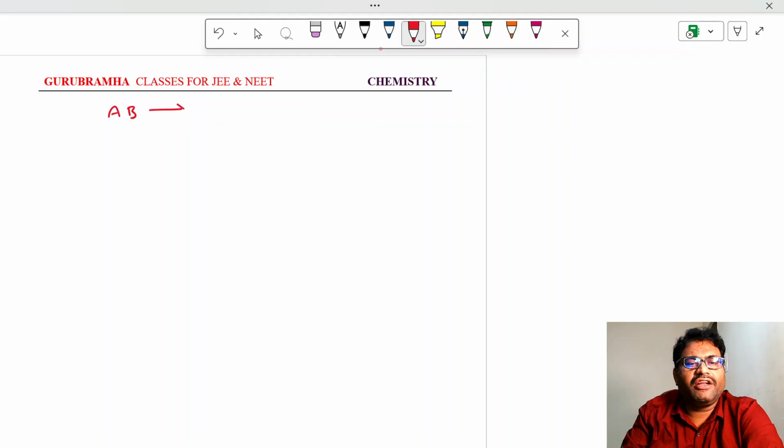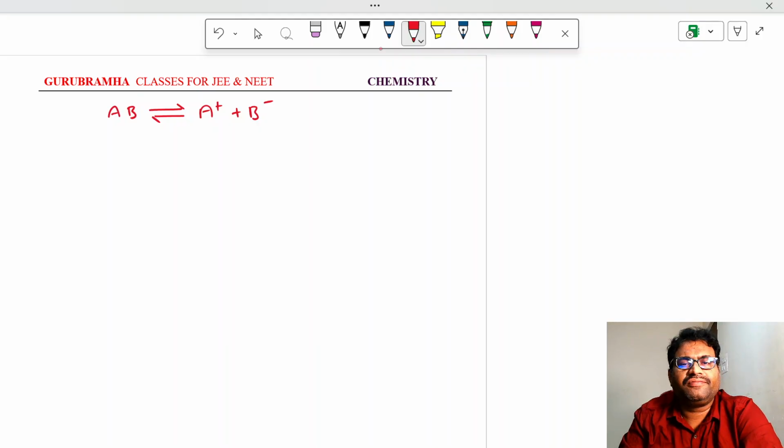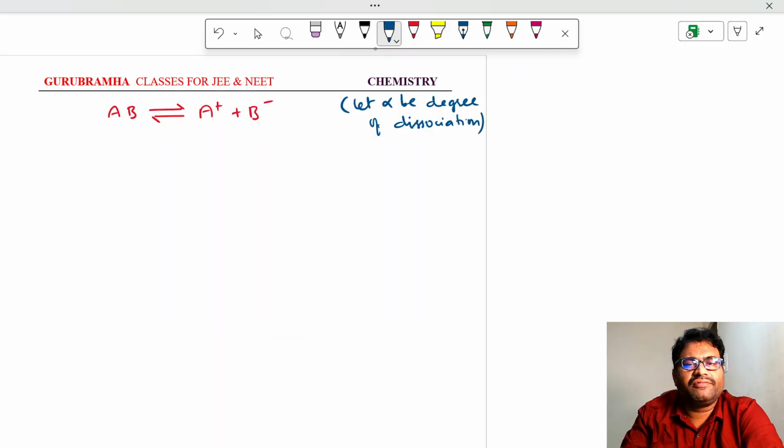Weak electrolyte means there will be equilibrium existing between dissociated ions and undissociated molecules. Let alpha be the degree of dissociation, which we have seen.